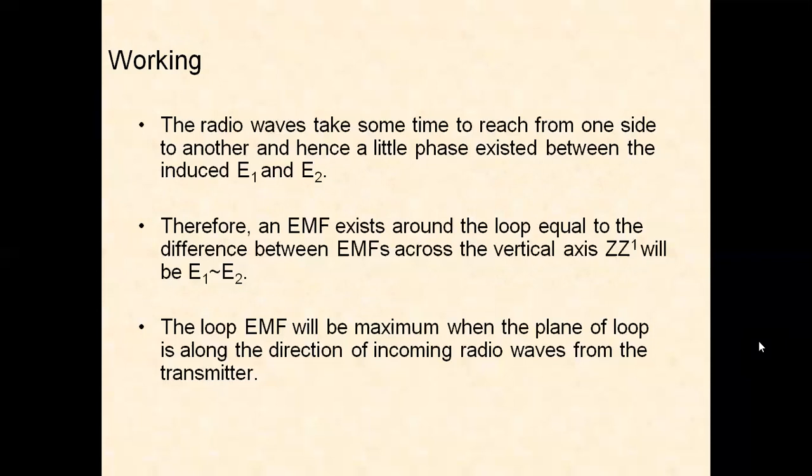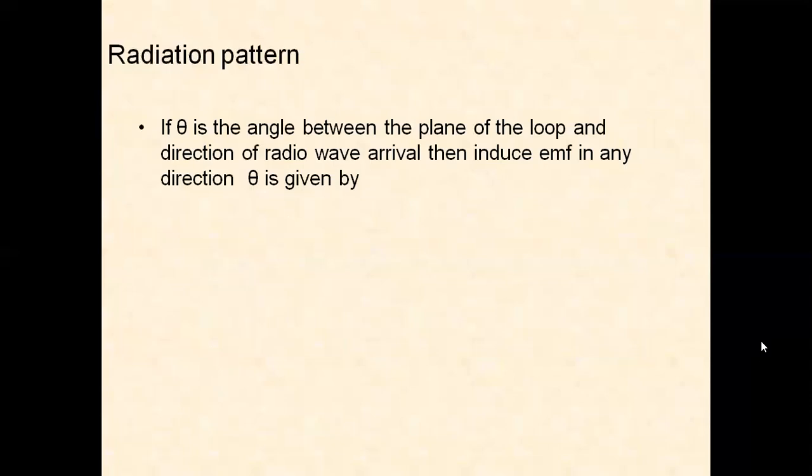The loop EMF will be maximum when the plane of the loop is along the direction of incoming radio waves from the transmitter. And we have the radiation pattern, which is a doughnut shape. Hence, it is suitable for direction finding applications. For direction finding applications, we require the direction of a particular loop.